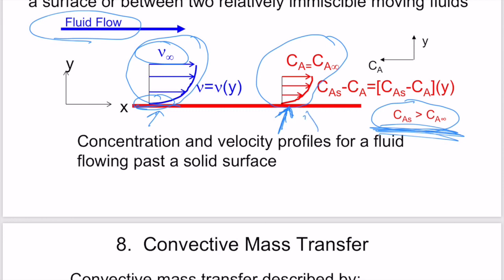We're not really going to be talking much about convection right now, but you could think of it this way: if this fluid weren't flowing, then as the material diffused from the plate into the fluid, right up next to the plate, the concentration would become high. But as it diffuses from the plate into the fluid, the flow is sweeping that away, and the concentration of the fluid next to the plate stays lower.